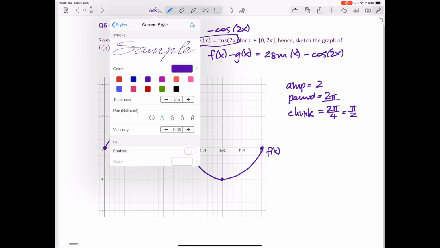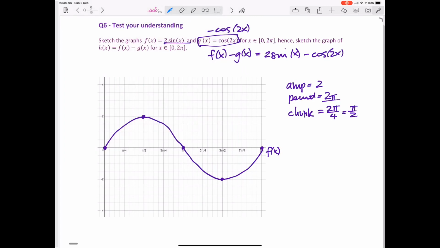Now g of x we're going to do as negative cos 2x. So my amp is 1, my period is 2 pi on 2, which is pi. So a chunk is pi on 4, and it's reflected in the x-axis. So it'll start at -1, and every pi on 4 is when we do a quarter of the graph.